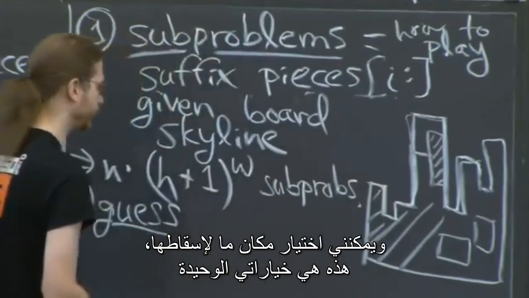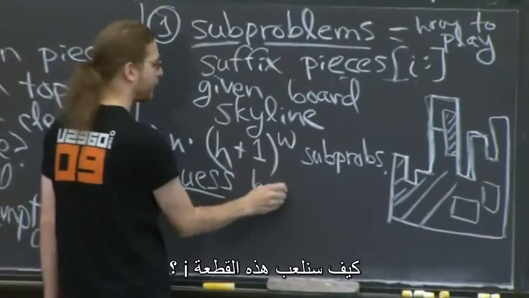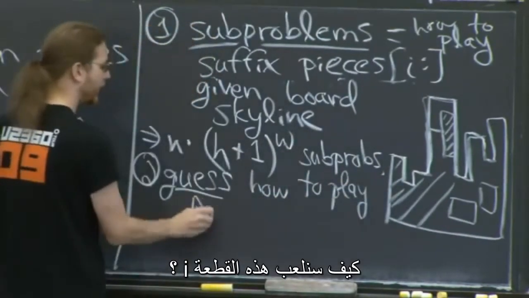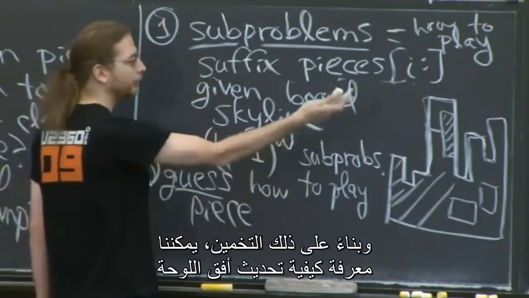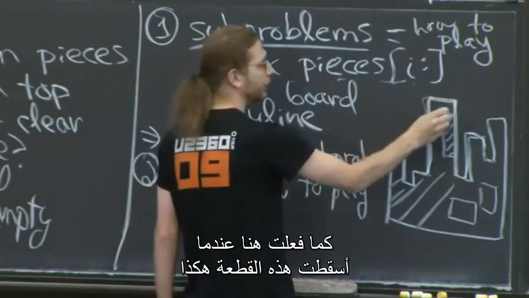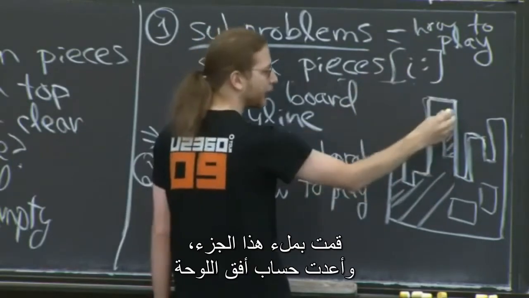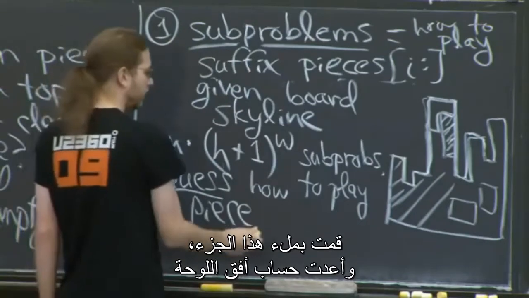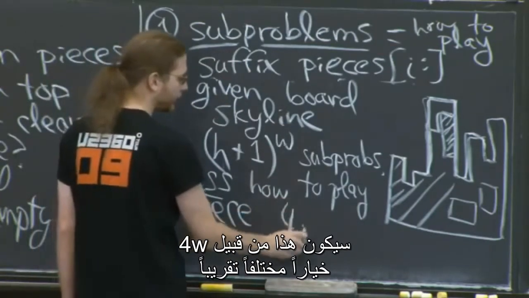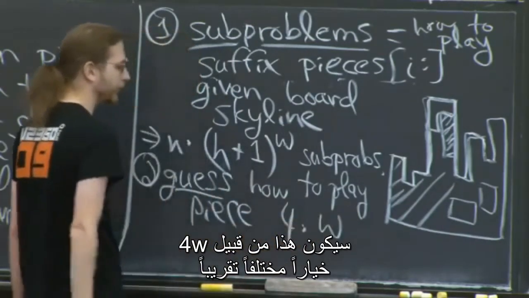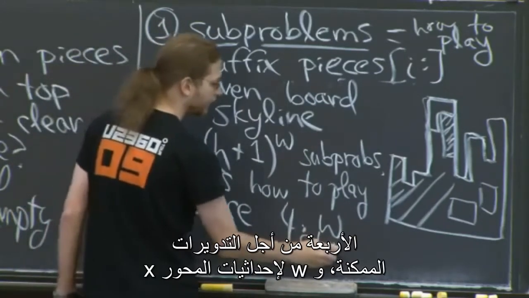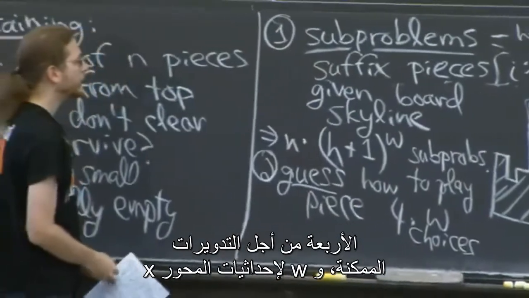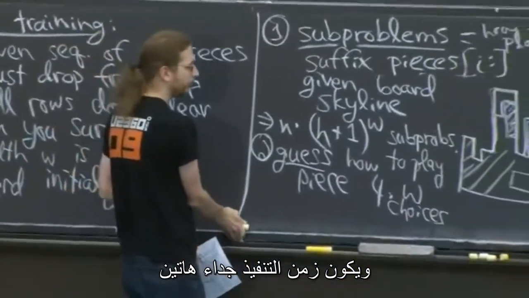But those are my only choices. So it's just how to play piece i. And given that guess, you can figure out how the skyline updates, like I did here. If I drop that piece like that, then I fill in this part and recompute my new skyline. So there's going to be something like 4 times w different choices, roughly: 4 for the rotation, w for the x-coordinate. And so the running time is just going to be the product of these.